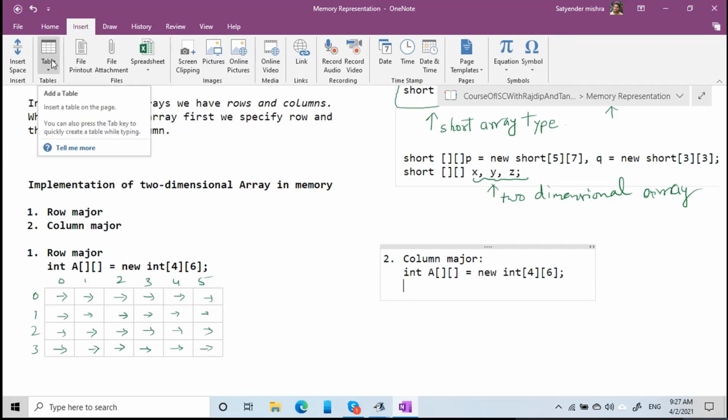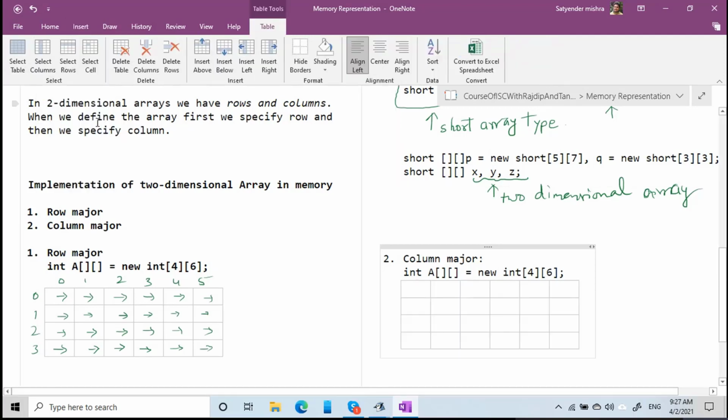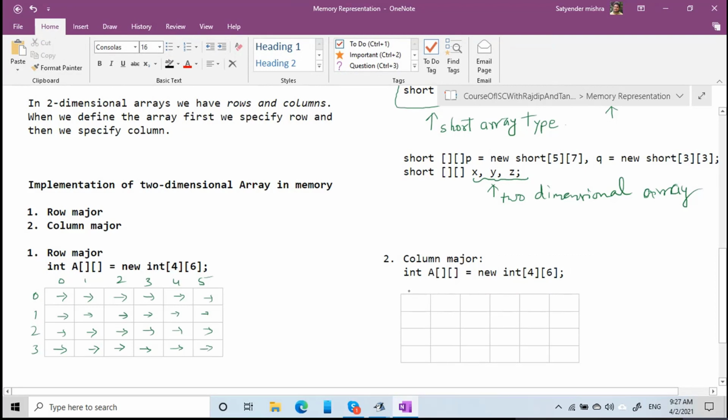So here we have 4 rows and 6 columns. So 6, and 1, 2, 3, 4. So we have inserted this here. Now you can see that if we write down the row number and the column number, 0, 1, 2, 3, and 0, 1, 2, 3, 4 and 5.